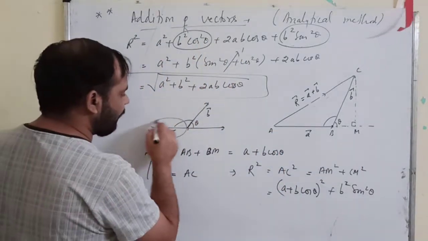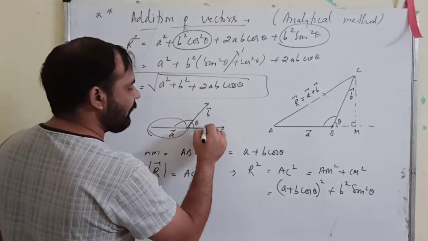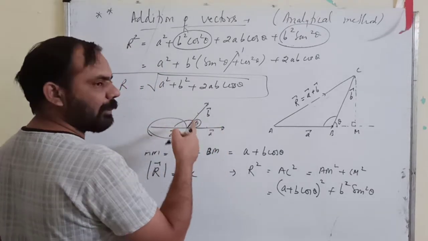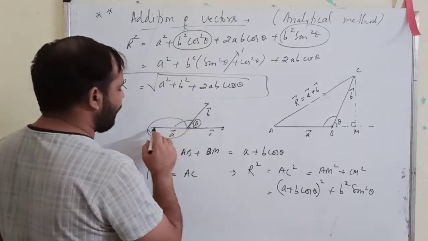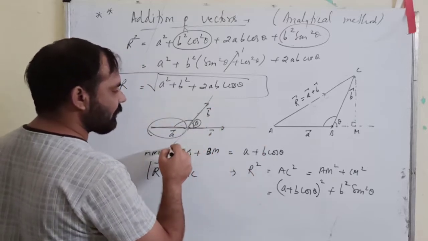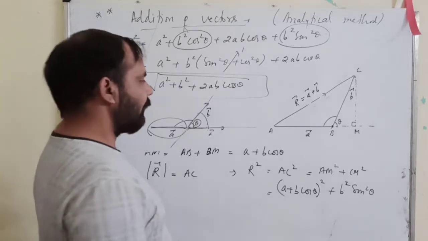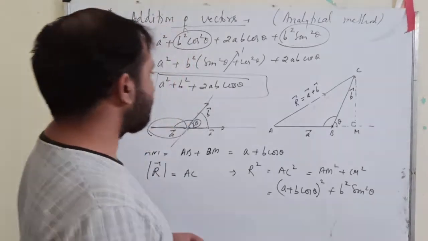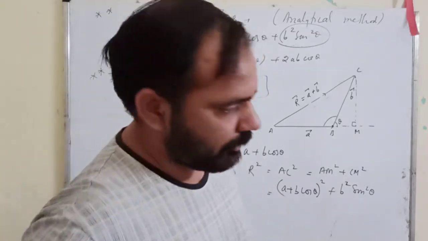This was your given vector, but I shifted this vector here. Now these are coinitial, so this is the angle between the vectors, because the angle is in between the directions. The direction for this vector was this one, and the direction for this vector is this one, so the angle between the directions is this. So this theta will be considered as the angle between the vectors.